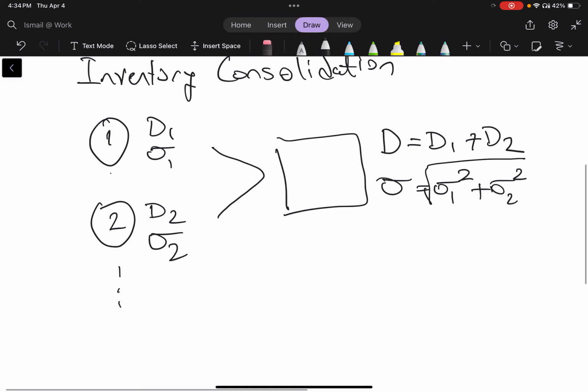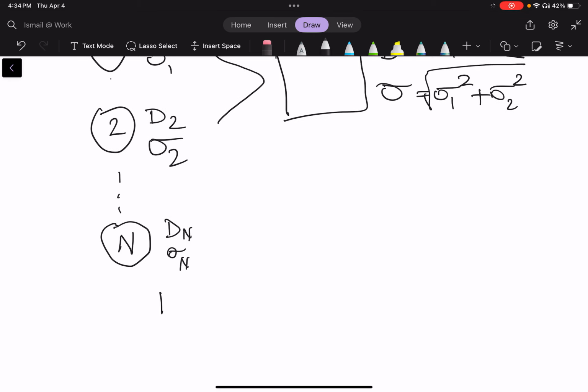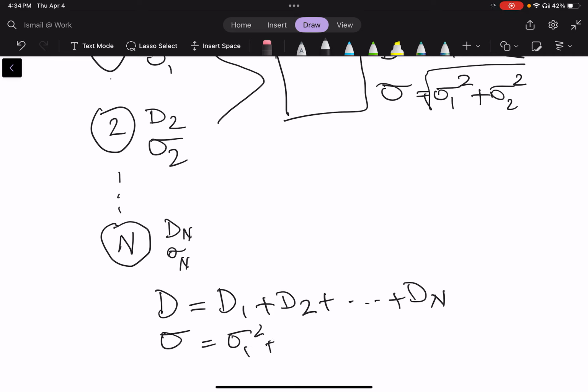Of course, I can have more than two locations, let's say N locations with demand N and sigma N, right? In that case, I can generalize the approach I just used, saying that demand is equal to demand 1 plus demand 2 plus, and so on, up to demand N. And my standard deviation is going to be equal to the square root of sigma 1 squared plus sigma 2 squared, and so on. I add all the variances, right?